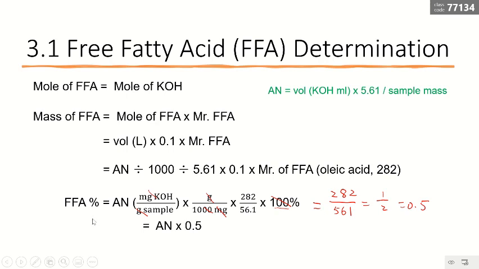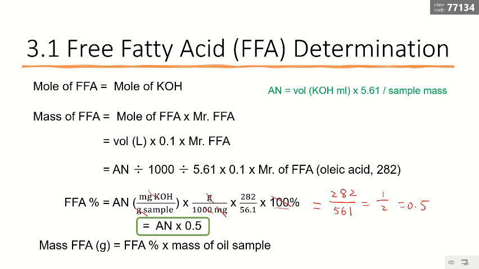Compared to the earlier line, this looks simpler, right? So we can use this one for our next examples of calculation. This is the sweetest part of this calculation.